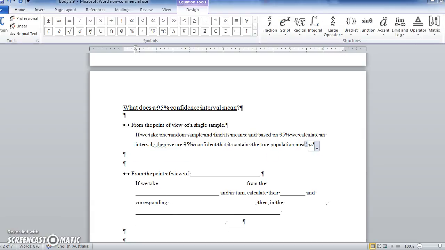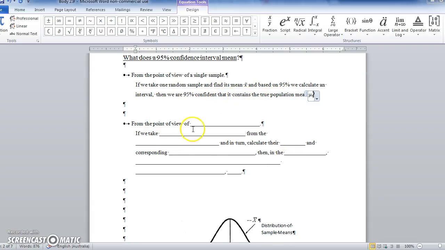So if we have a single sample, we take the random sample, find the mean, and for a 95% confidence interval, we have an interval for which we're 95% confident that it contains the true population mean.